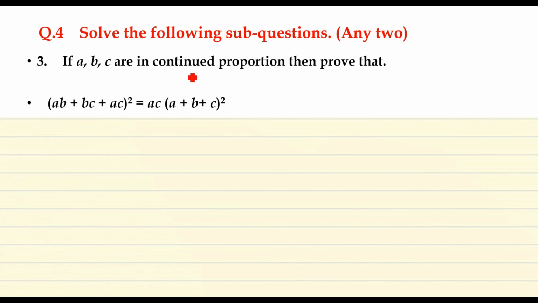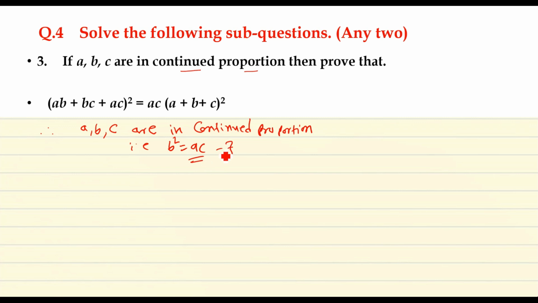If a, b, c are in continued proportion, then we have to prove that the left side is equal to the right side. So how can you begin for this question? Now it is given that a, b, c are in continued proportion, and when we know that the numbers are in continued proportion, then b square equal to ac must exist.